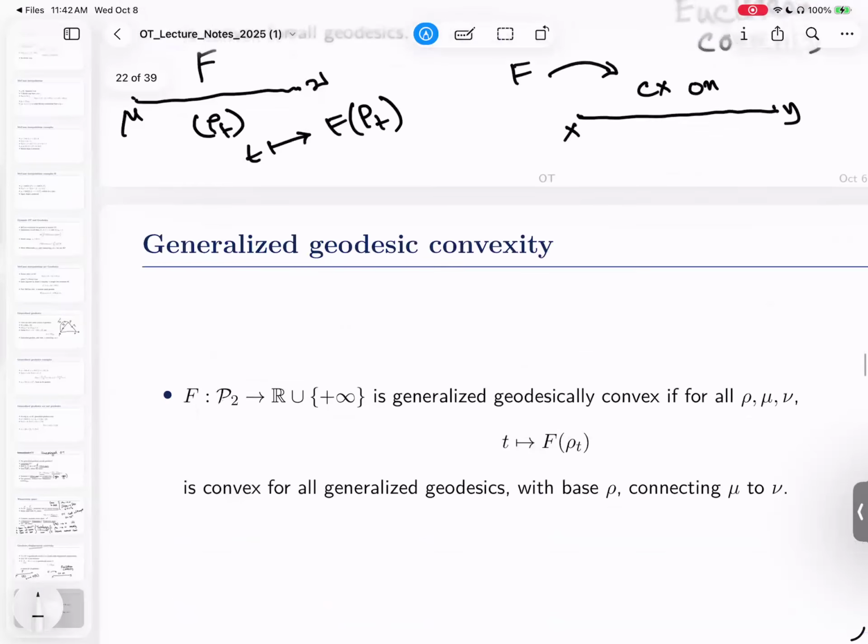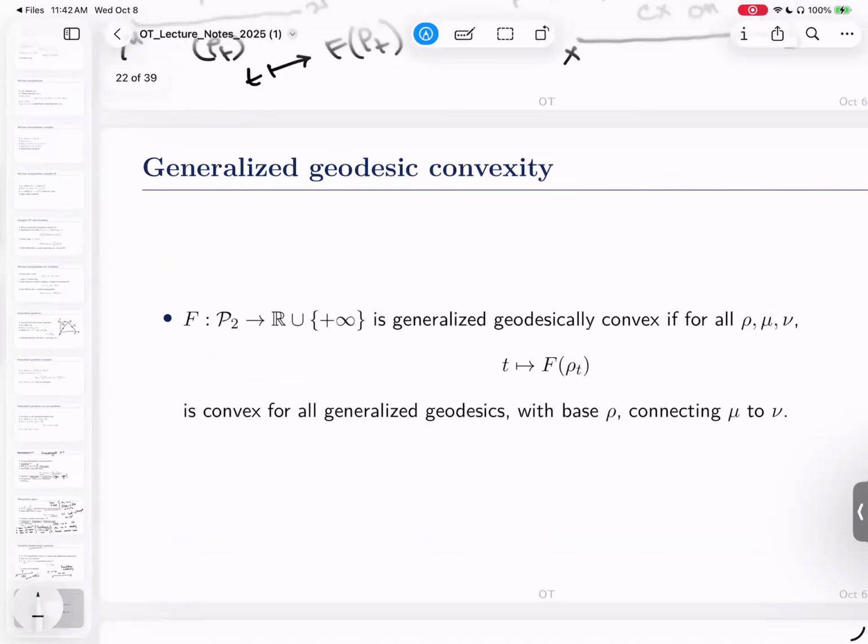So what's a function which is generalized geodesically convex? A function over all probability measures is generalized geodesically convex if for all base rho and any two points mu and nu, if I look into the generalized geodesic with base rho connecting mu and nu, then this one-dimensional function t to f of rho t is a convex function.